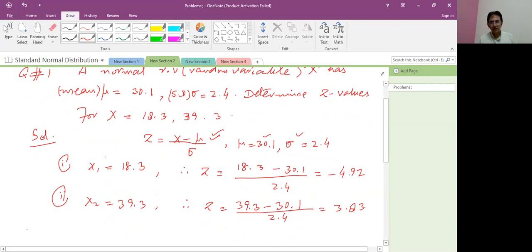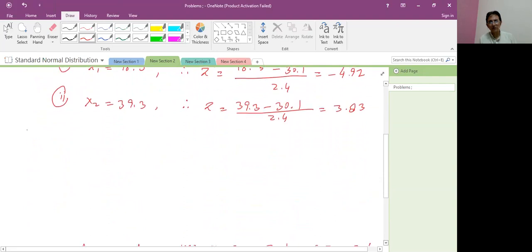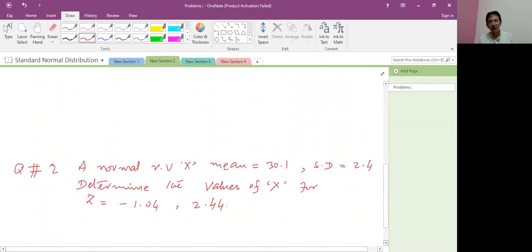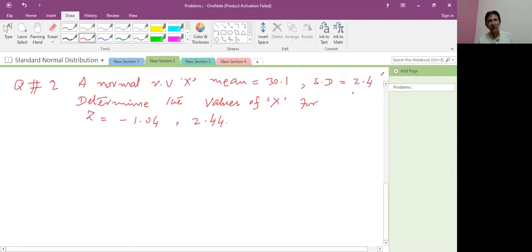Now the second application we have discussed about the standard normal distribution. A normal random variable x has mean mu, it is 30.1, and standard deviation sigma, it is 2.4.